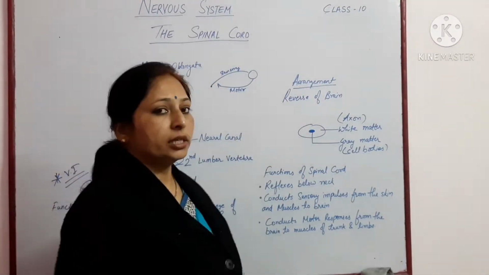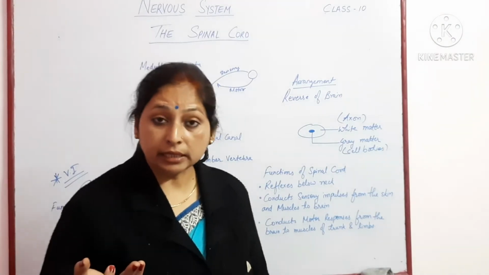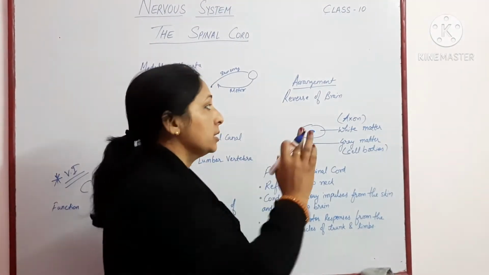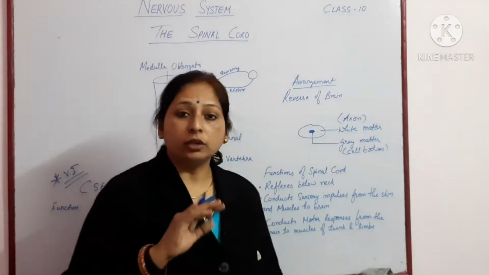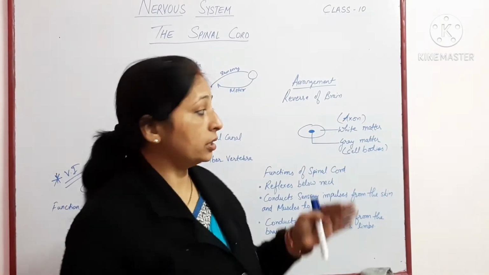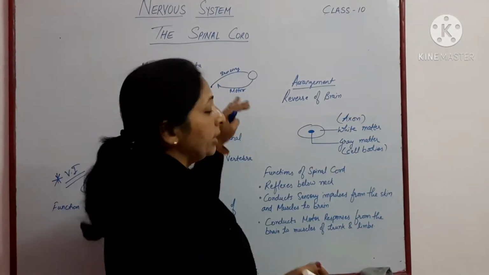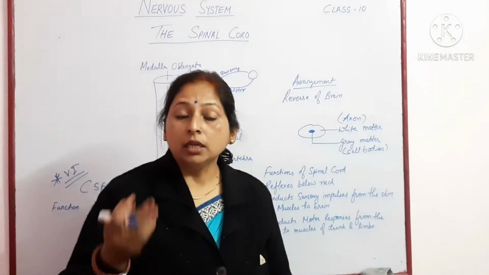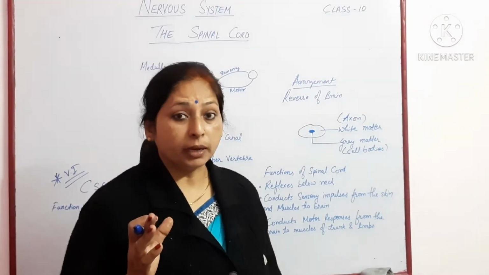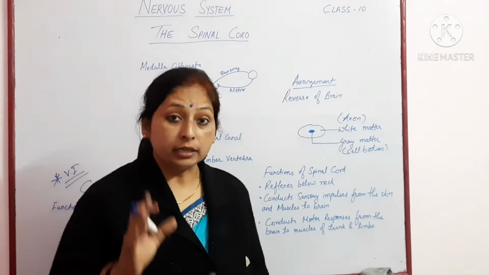The messages are received through the sensory nerves. Messages are translated in the spinal cord, and the impulse for the reflex action is sent through motor nerves to the part where the action has to be taken.